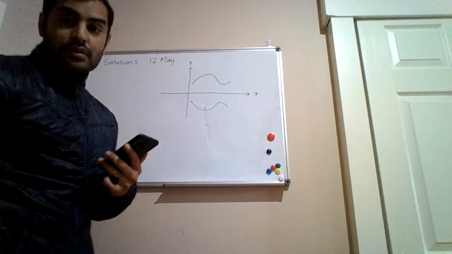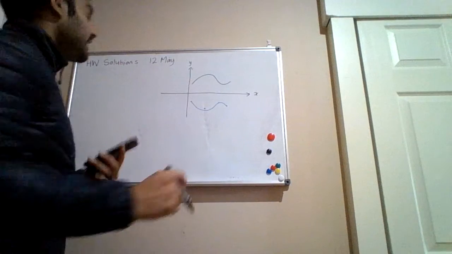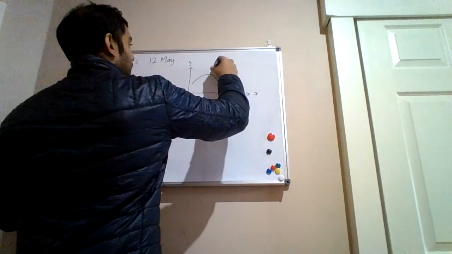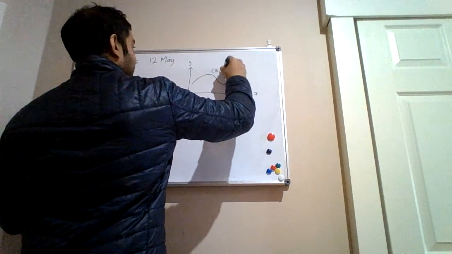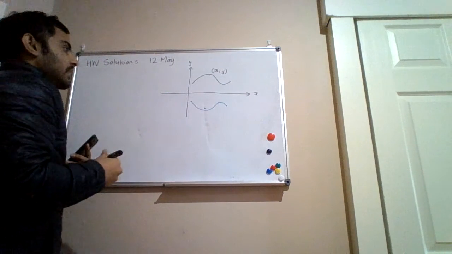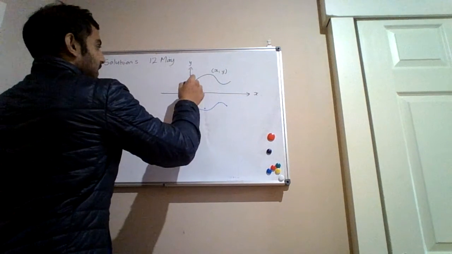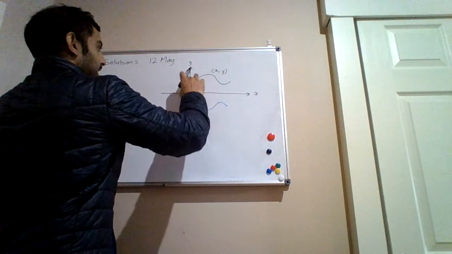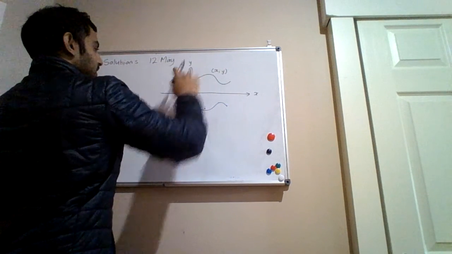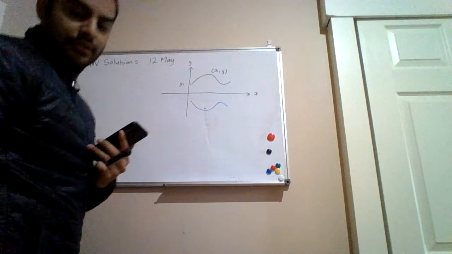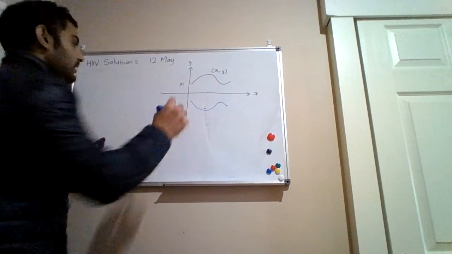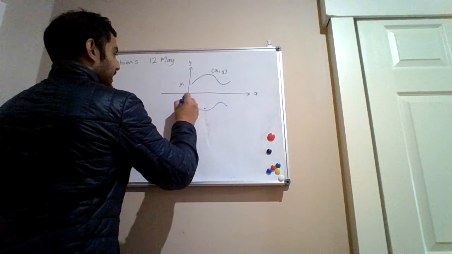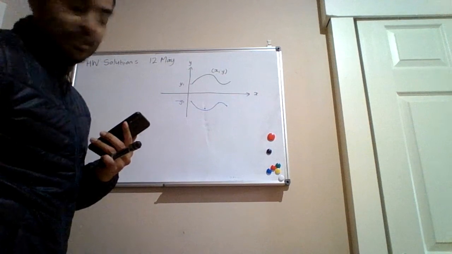Okay, in terms of the coordinate points, what have we done? Our original graph has coordinate points x, y, and we take each y value and make it negative. This y value for our original graph, we just make it negative in our reflection.